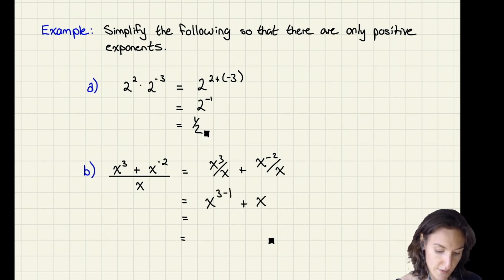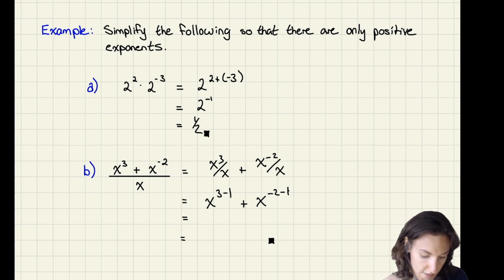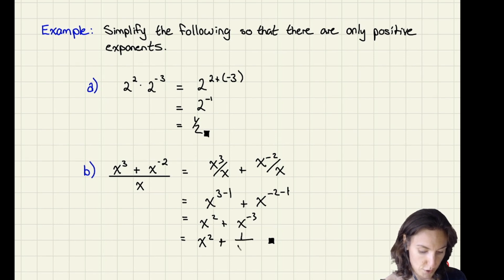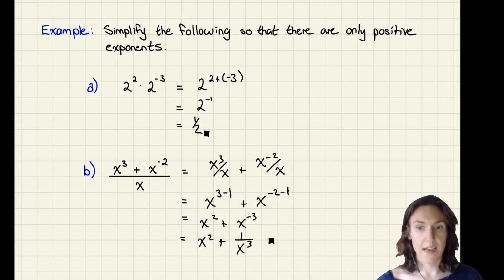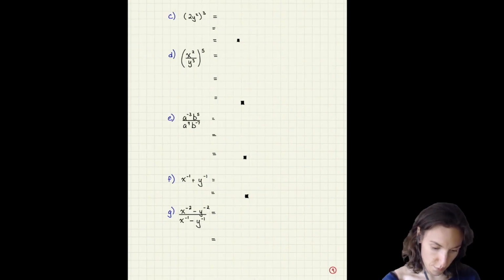And even though I have negative exponents here, I'm going to do the same rule, and then I'll just simplify it afterward. So I have negative 2 minus 1. This is going to give me x squared plus x to the power of negative 3. I want to have positive exponents, so to get rid of that negative, I'm just going to go 1 over x cubed. All right, let's do another one.